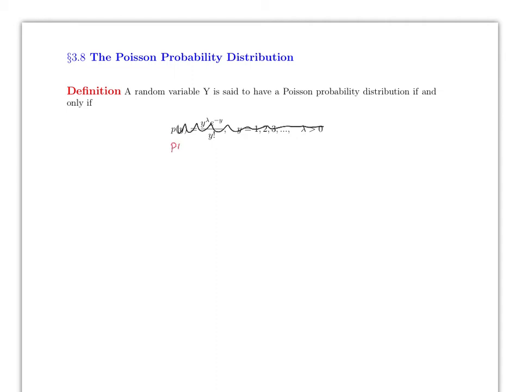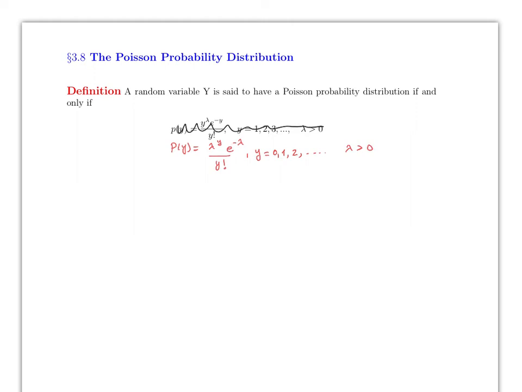P of y should actually be equal to lambda to the y times e to the minus lambda divided by y factorial. The value for y should go from 0 all the way to infinity. And here lambda, which is technically the expected value, has to be positive.